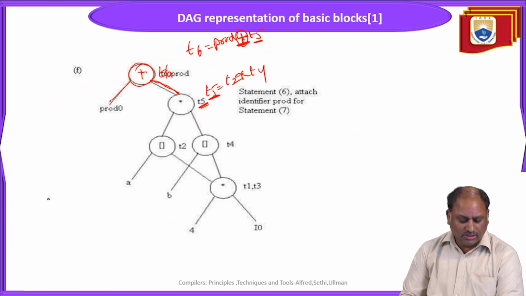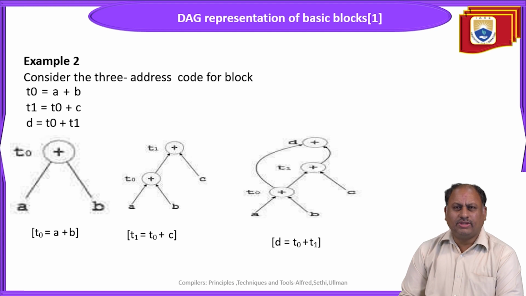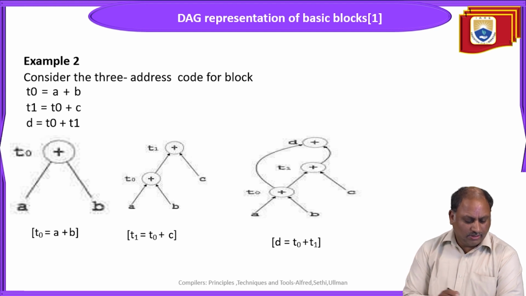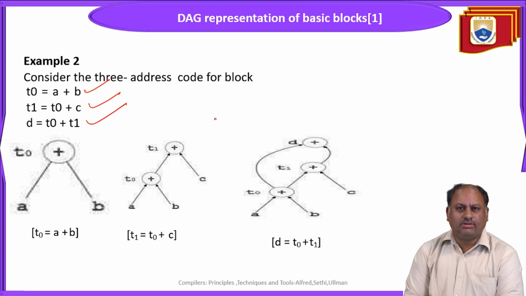So like this, we can consider the DAG representation of basic blocks with the information. For example, consider a 3-address statement, T0 equal to A plus B, one 3-address statement, T1 equal to T0 plus C, this is another 3-address statement, and D equal to T0 plus T1. Each is processed individually.